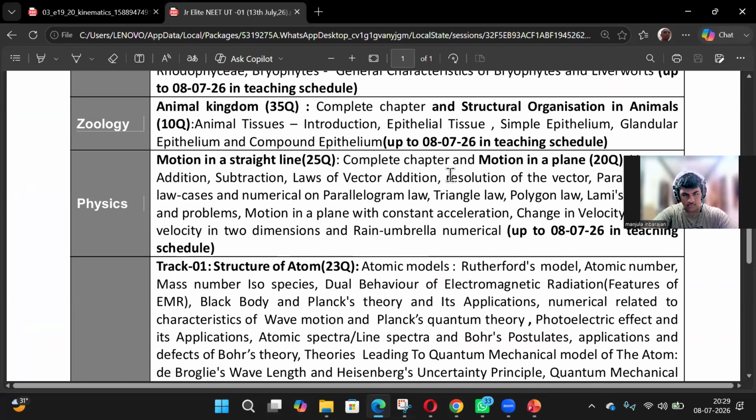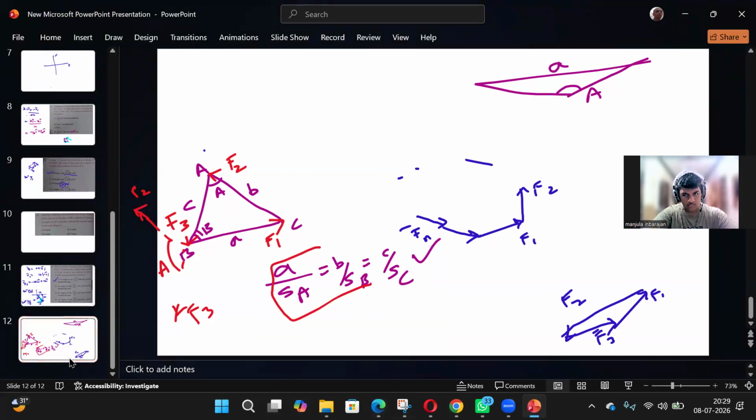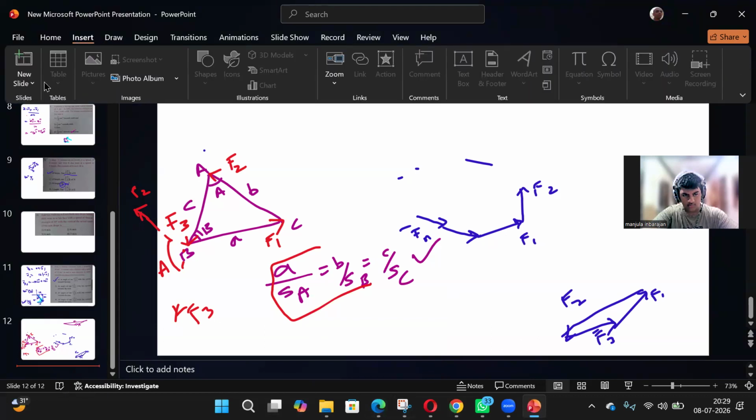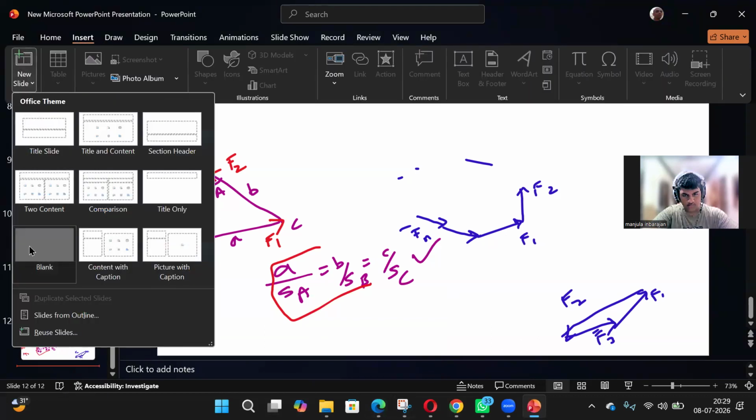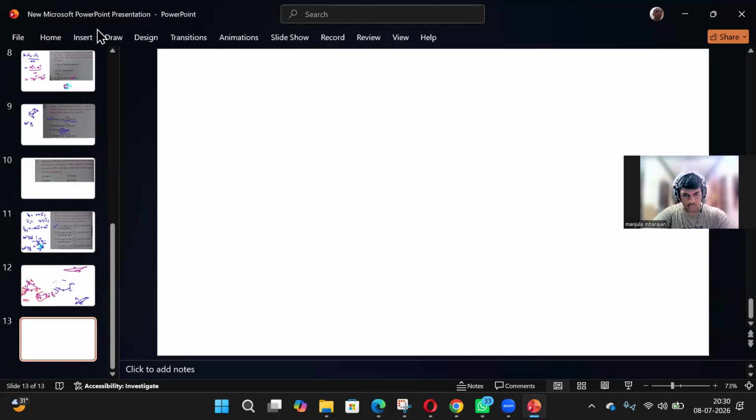And this resolution of a vector, suppose I have a... what do you understand about a vector in a plane? Let me take the xy plane.